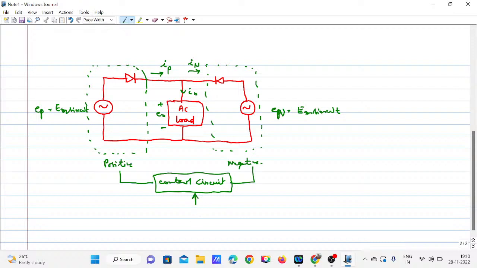And this is ER, the reference sine omega t. This is a reference voltage we are going to give. So this is the basic idea of it.